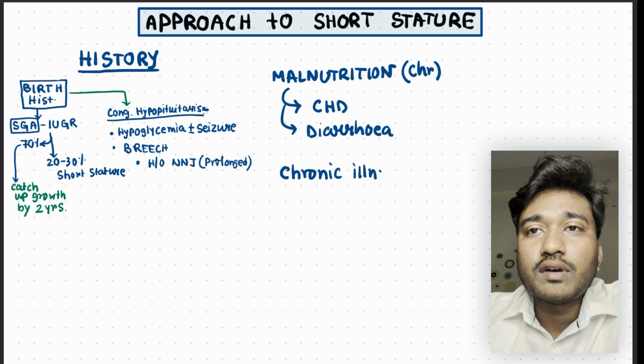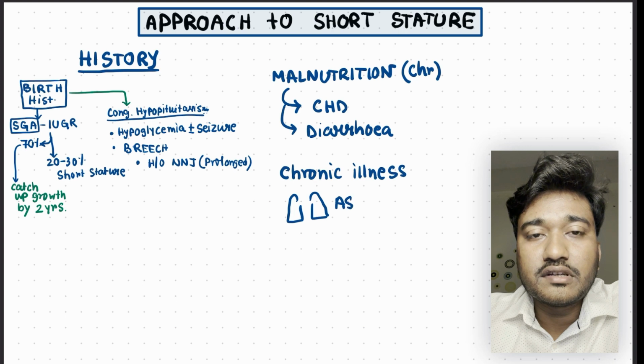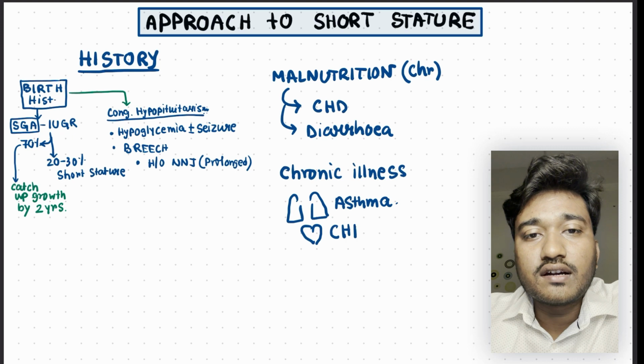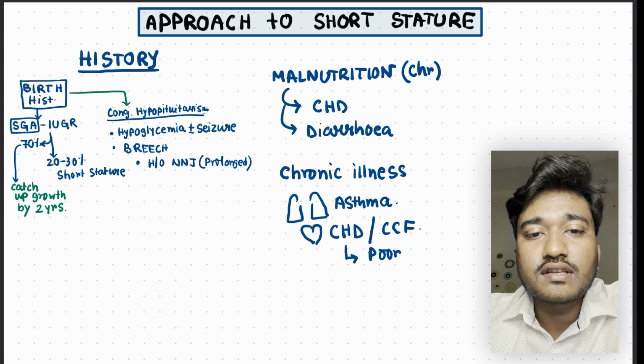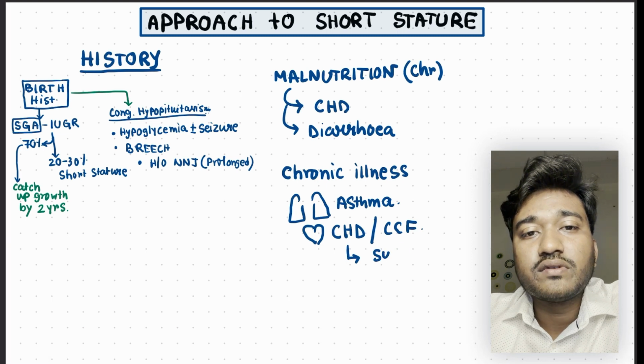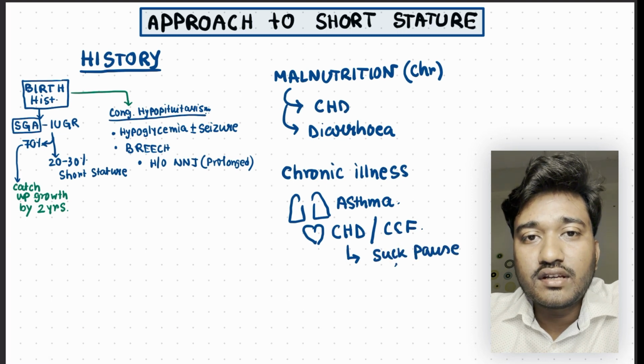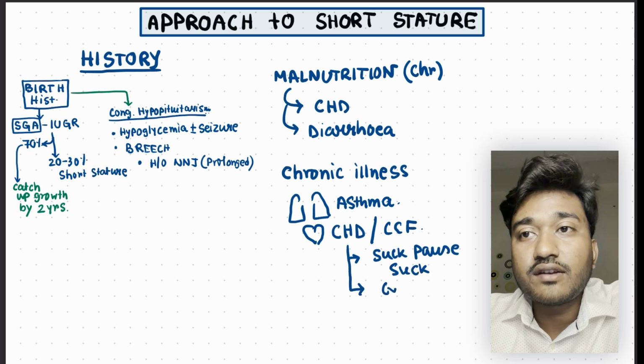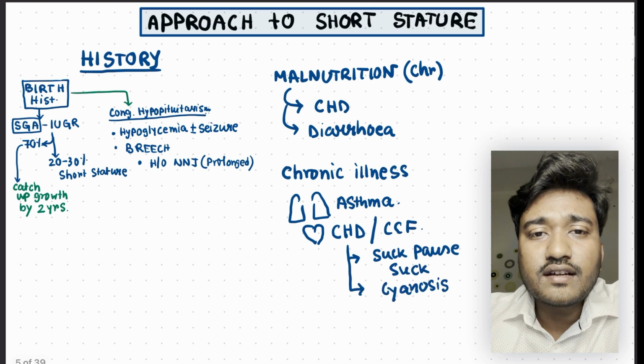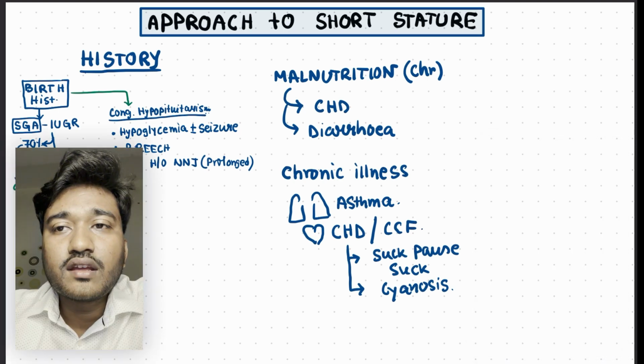And you have to know the other chronic illnesses, like if there is any history of cough and cold and repeated exacerbations in case of asthma, or it could be congenital heart disease. The history would be classical, that is poor feeding and suck cycle, as well as excessive sweating on the forehead of the child during feeding, or cyanosis of the child. These are some things you will get from history. Suppose in celiac disease, there will be chronic diarrhea.